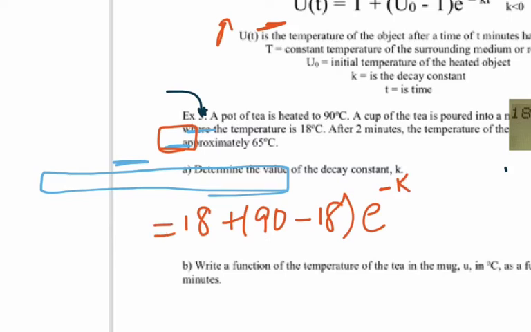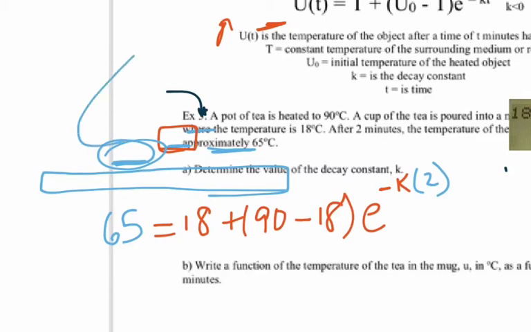And then it says after 2 minutes, the cup of tea is 65 degrees. So I'm going to put the 2 minutes in here, and the temperature is 65 degrees. So that's where I would put all these numbers. The temperature of the tea is 65 degrees. That goes in the U sub T spot.